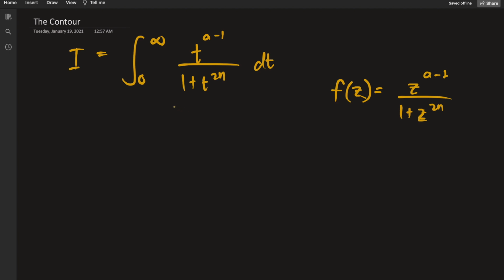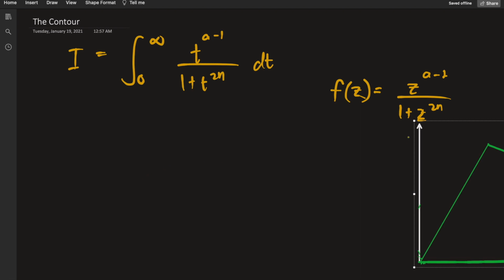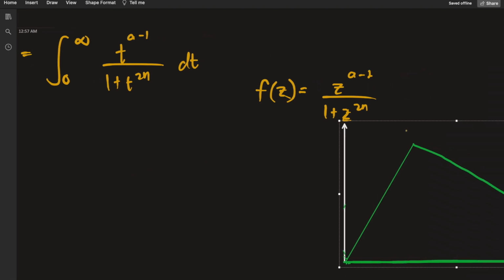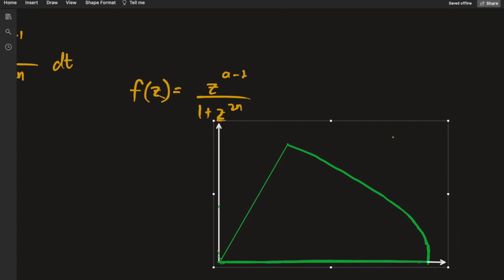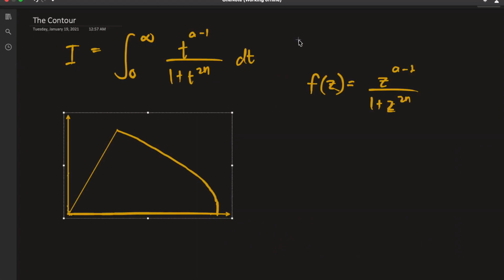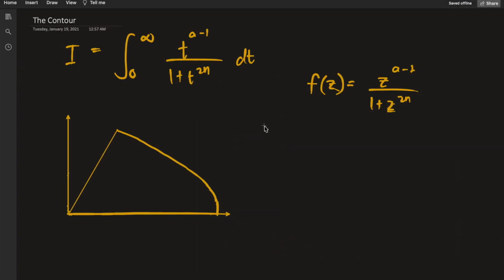Now we need to define a contour for integration to take place over. So this guy over here is what's going to be our contour of integration.